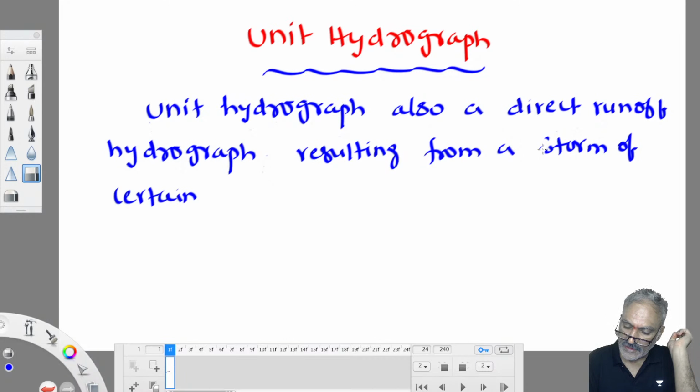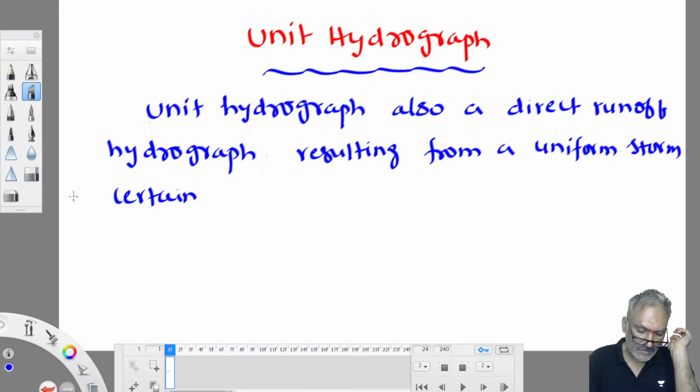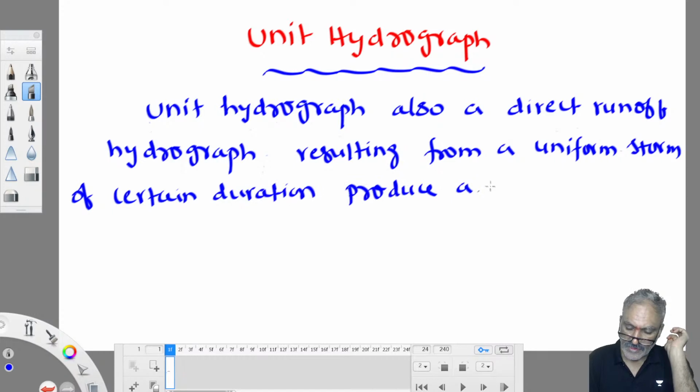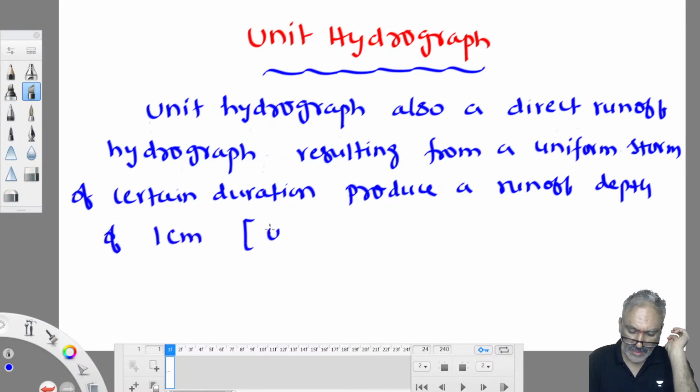That is also important. Wording is very, very important to understand the concept. Resulting from a uniform storm of certain duration, producing a runoff depth of 1 centimeter or unit runoff. In India, unit runoff is 1 centimeter, uniformly over the entire catchment.